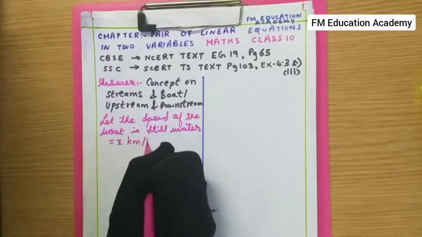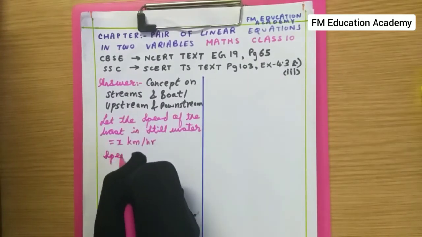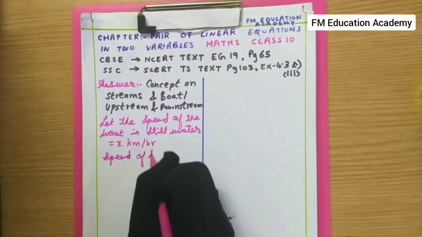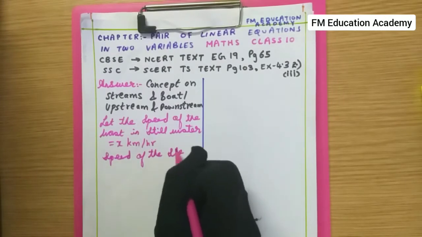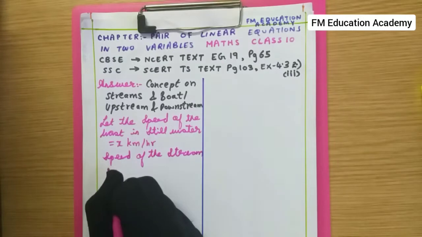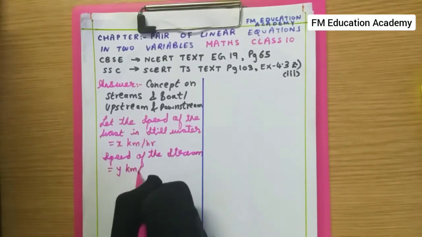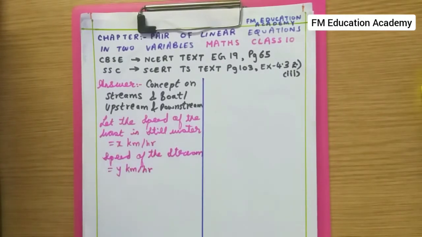Kilometer per hour is a unit of speed. So these two things I have assumed.